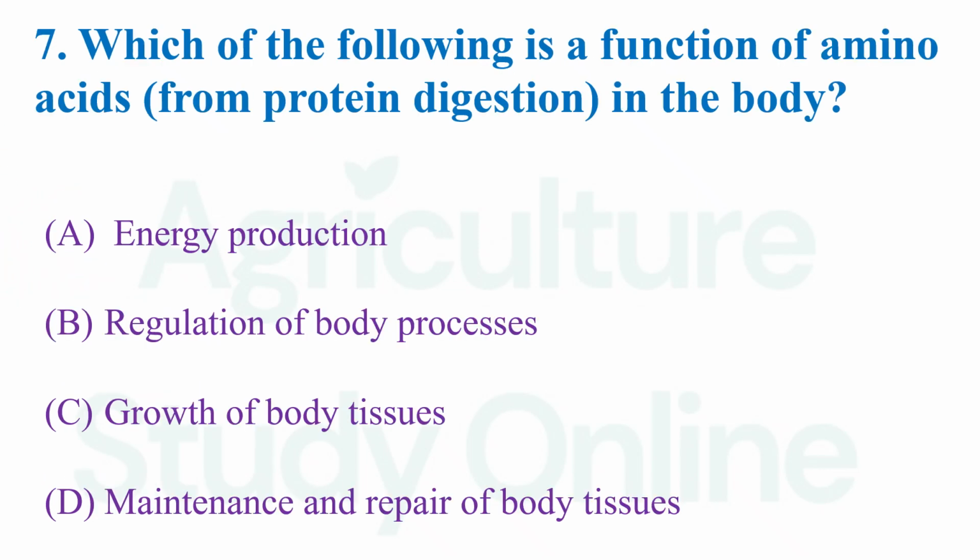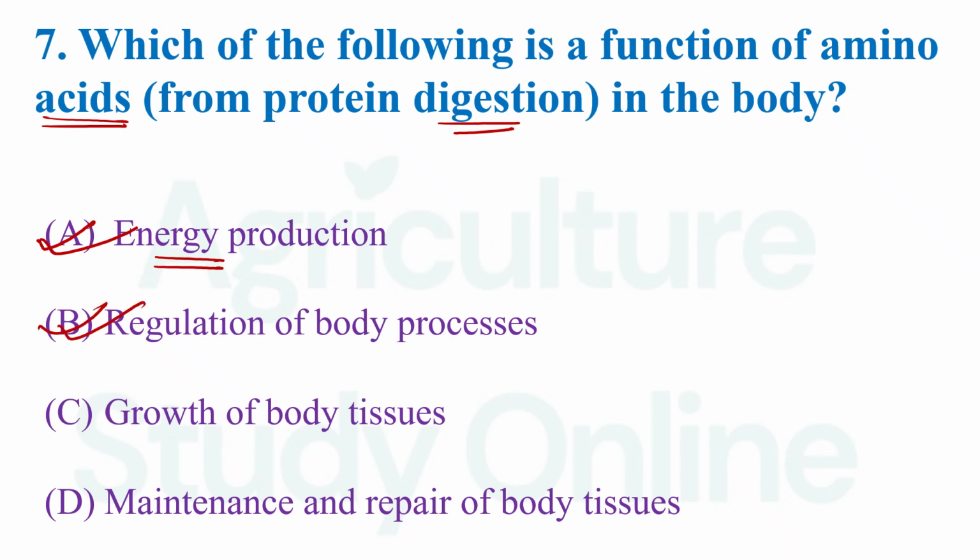Question 7. Which of the following is a function of amino acids from protein digestion in the body? First one, that is energy production. So amino acids can be used as an energy source when needed. Regulation of body process. This is also true, they form the enzymes, hormones, the neurotransmitters.